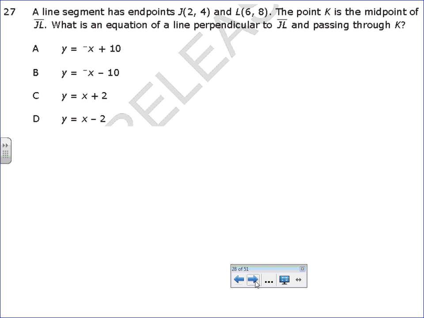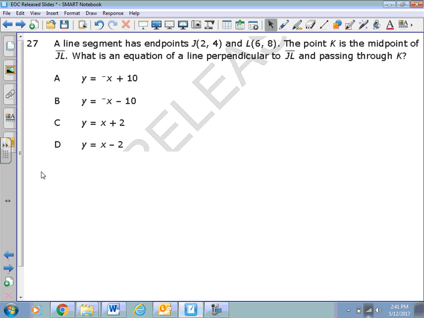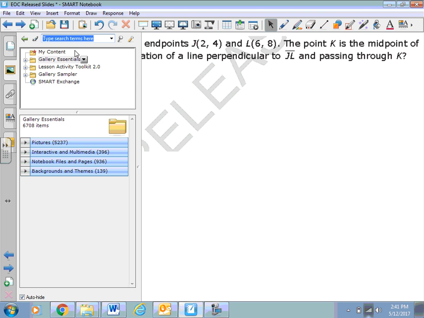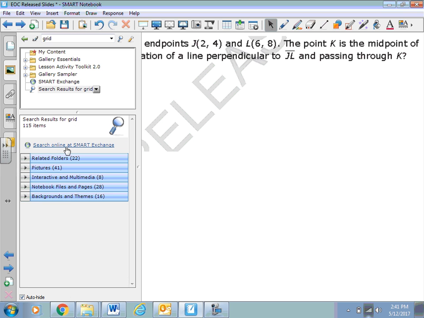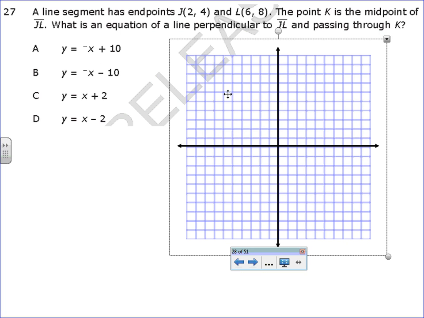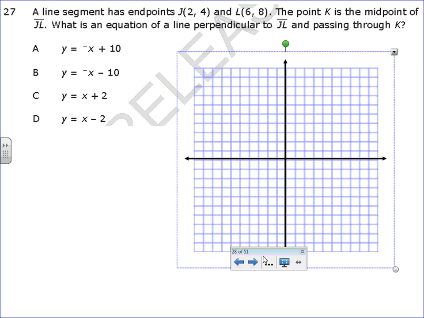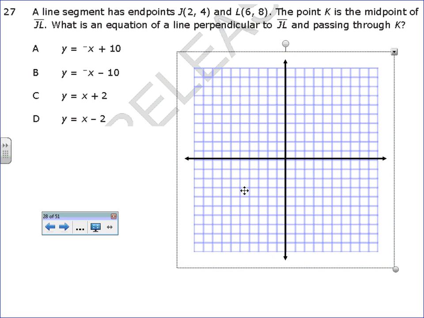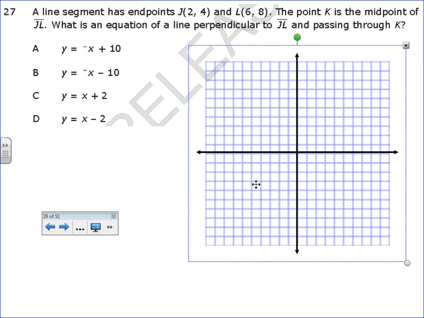All right, for 27, let me go ahead and get a grid. All right, it says a line segment has endpoints at 2, 4 and 6, 8. Okay, so the first thing I'm going to do is go ahead and graph those two. I'll make this a little bit smaller.